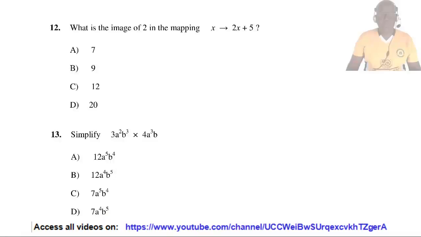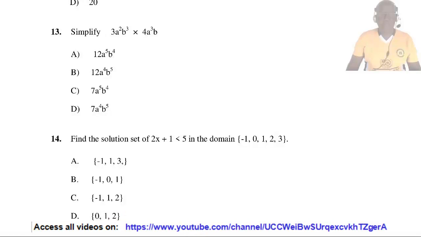Question 12. What is the image of 2 in the mapping s maps into 2s plus 5? 2 will map into 2 times 2 plus 5, or 2 maps into 4 plus 5, which equals 9. So the answer is B. Question 13.